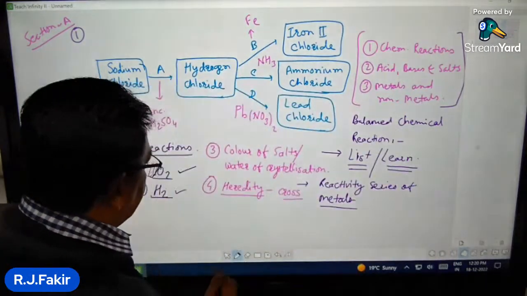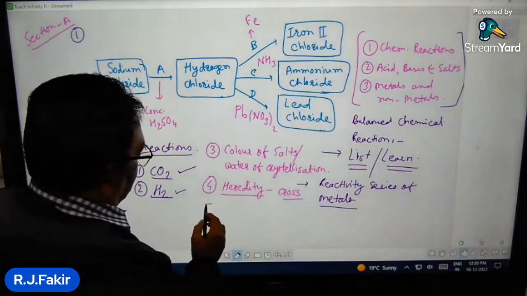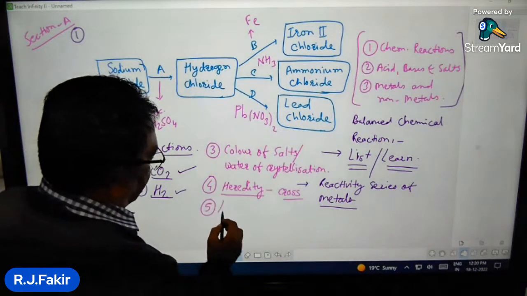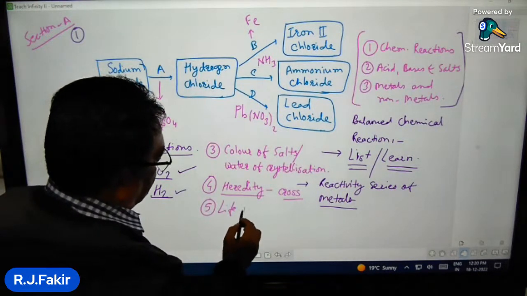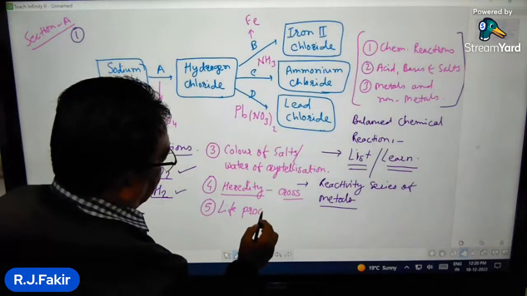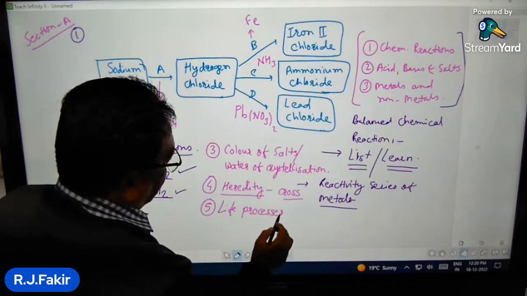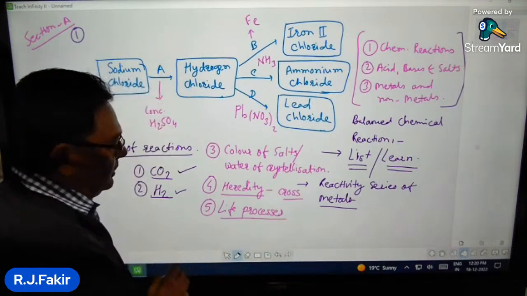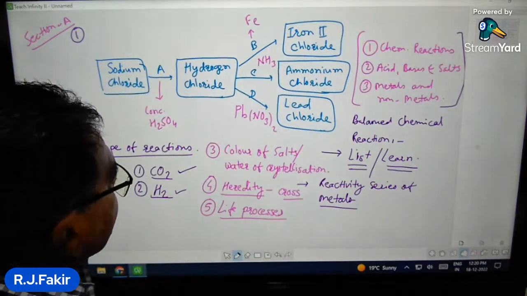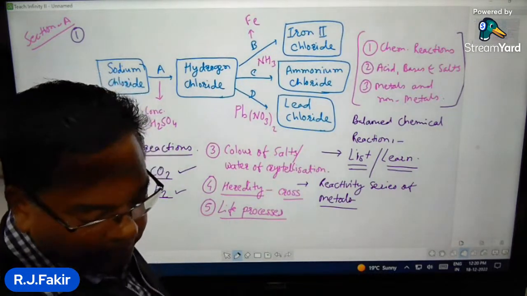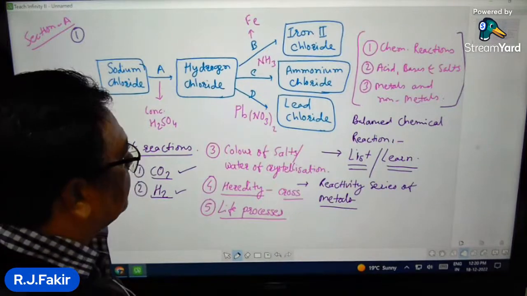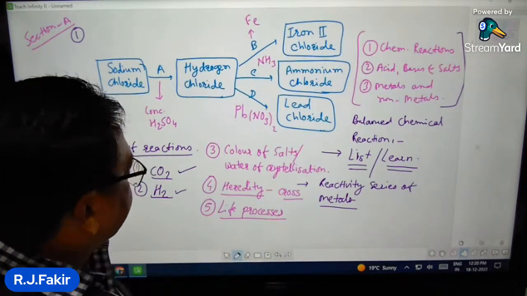One question will be about life processes, like there are certain activities in your book that chlorophyll is necessary for photosynthesis, carbon dioxide is necessary for photosynthesis, like that.